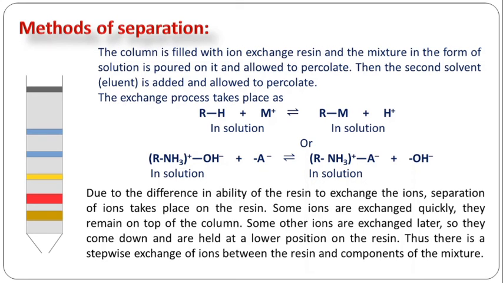If the resin exchanges quickly, the ion comes slowly. If the exchange is slower, then these anions flow with the solution eluent and come faster.